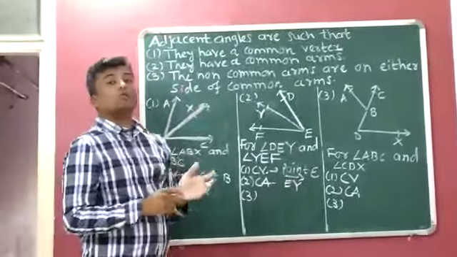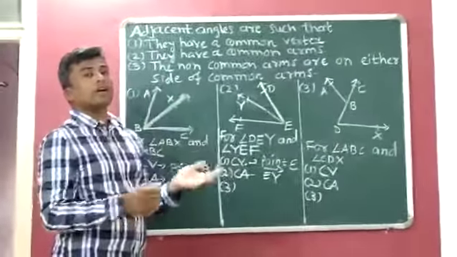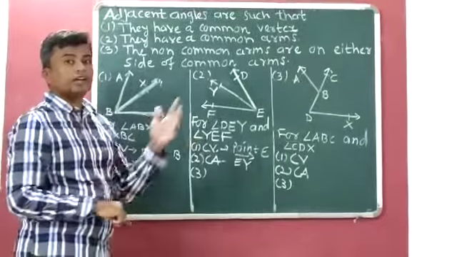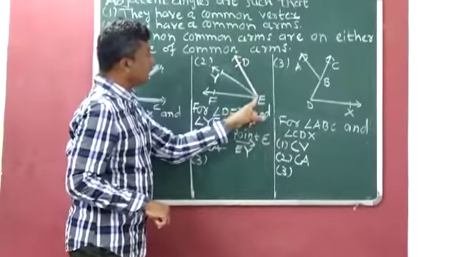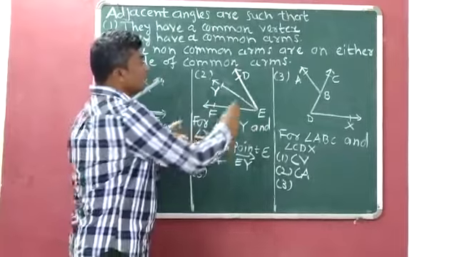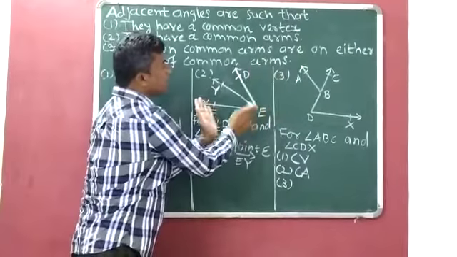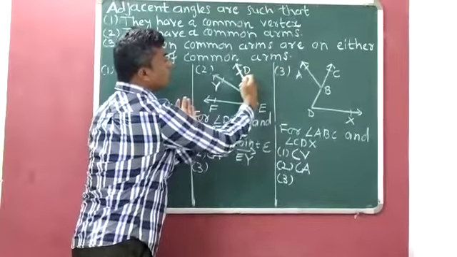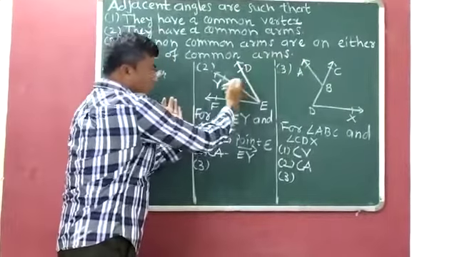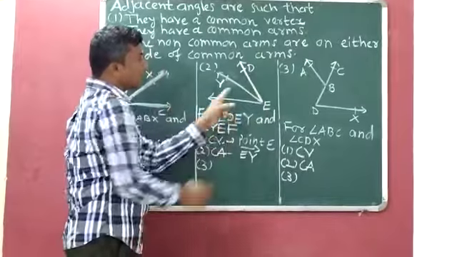Now, third condition, we have to check whether the non-common arms are on both sides of the common arm or not. See, non-common arms, ray ED and ray EF, are available on either side of the common arm. This is the common arm; one non-common arm is on this side and one is on this side.